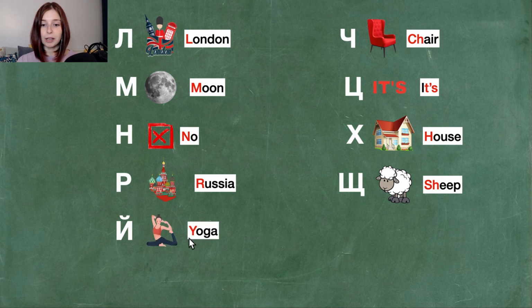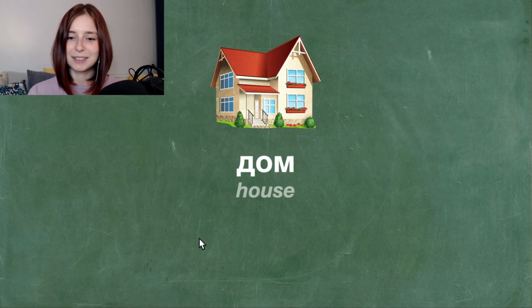And this one is basically like yoga, like the first sound of the word yoga. Before saying the word, there's this short sound y. You don't have to worry about it right now. Like I said, it's all good, it's fine.